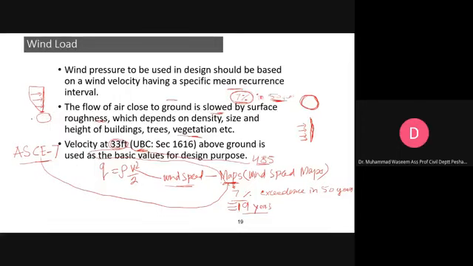It is also affected by the roughness and the topography of the ground.